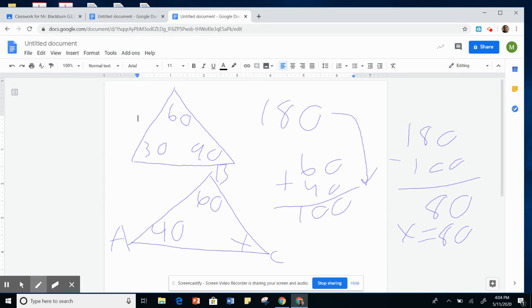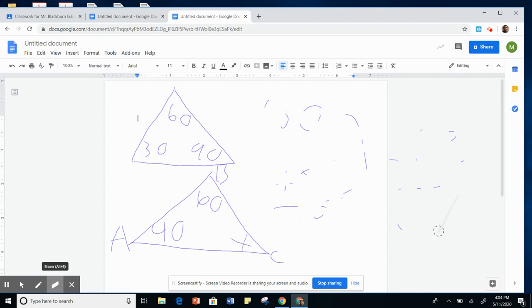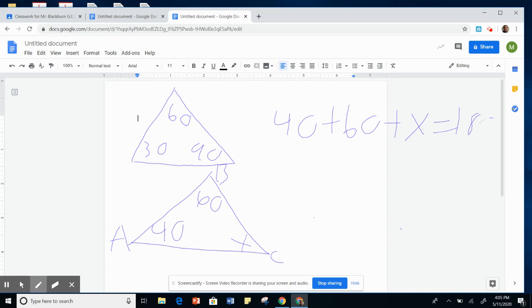That's one way. If you wanted to do the algebra way, you would simply do 40 plus 60 plus x is equal to 180.